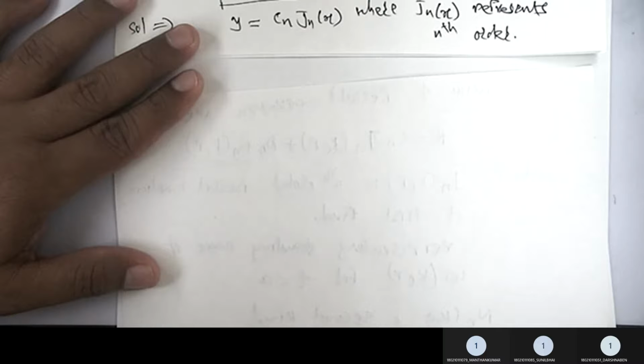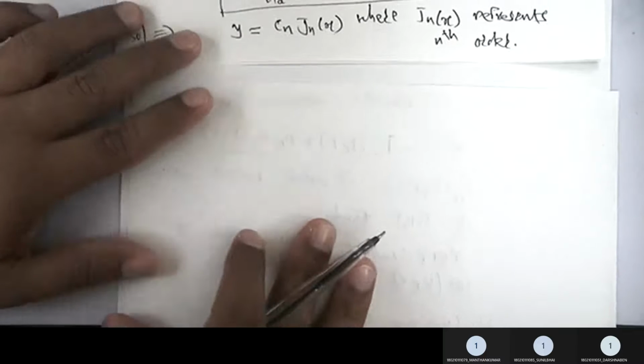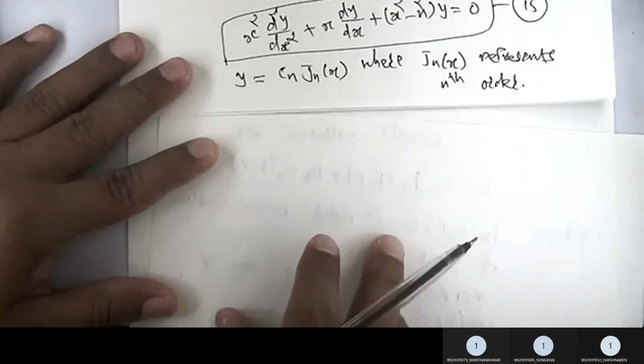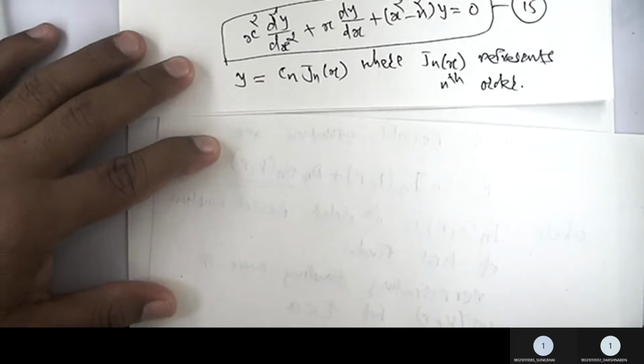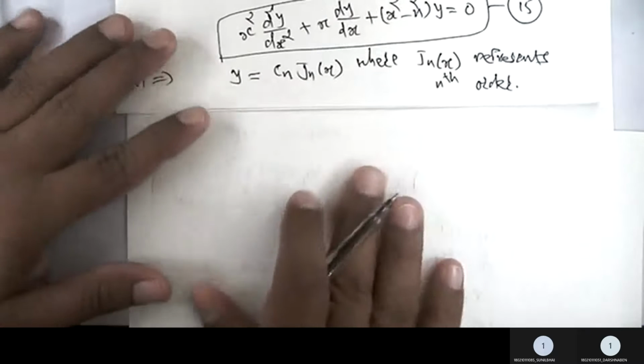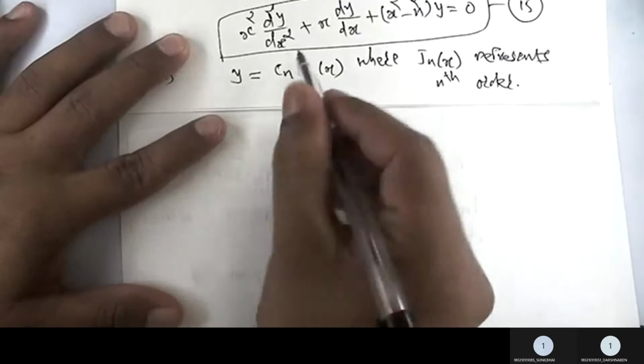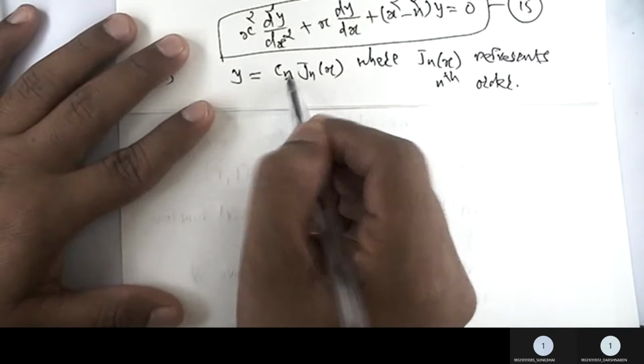Let me write that the Bessel function, those of you who have not studied it, please go through the mathematics class once again, is a function of the first kind, and here for equation 15 you consider the c_n as a constant term.